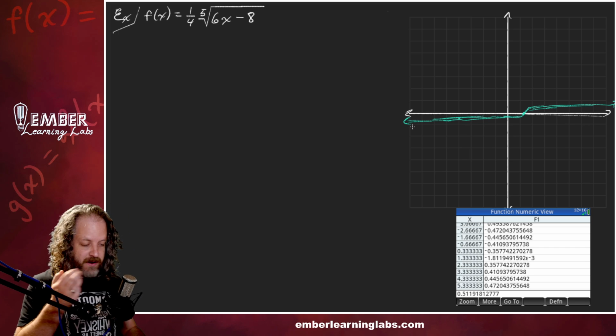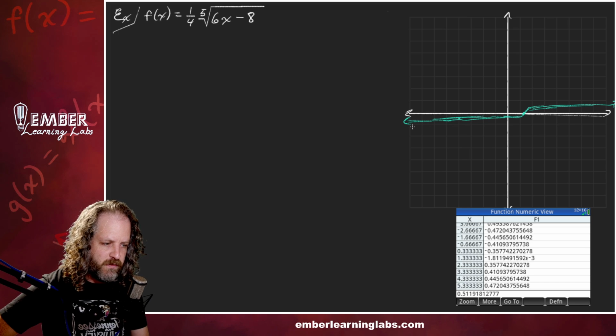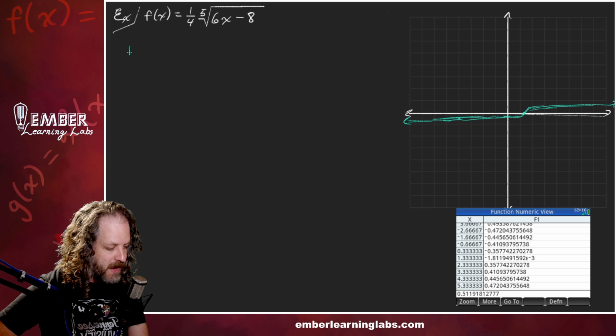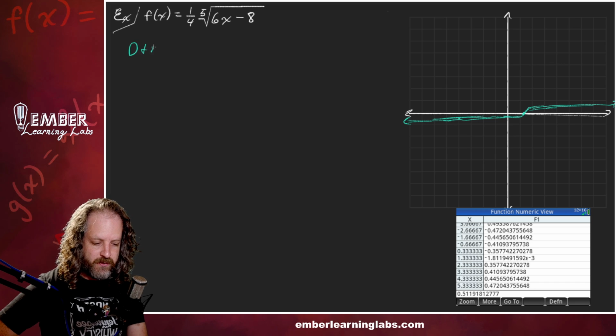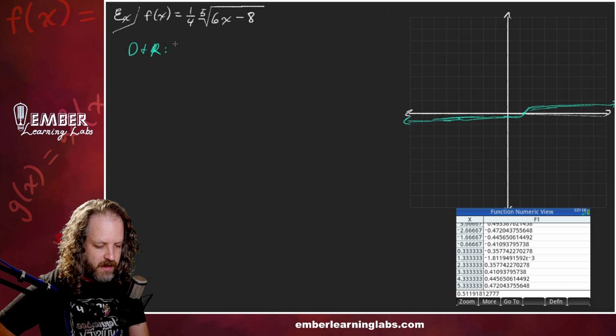Let's write our domain and range and all the things, and then we'll keep moving. The domain and the range are the same here, from -infinity to +infinity.